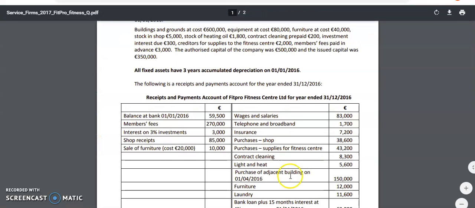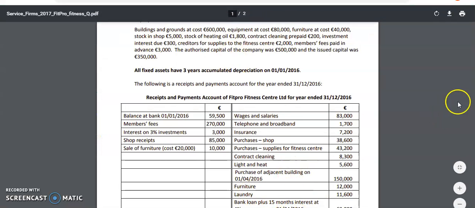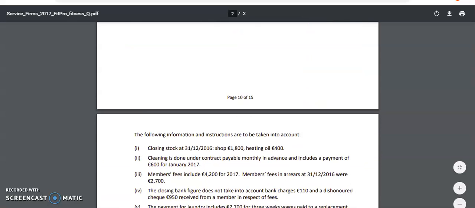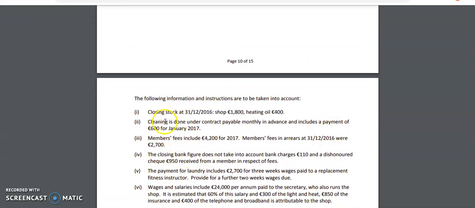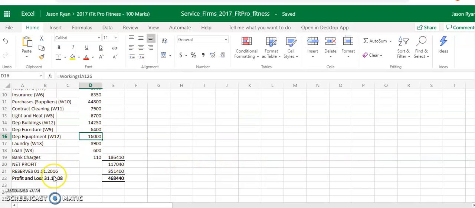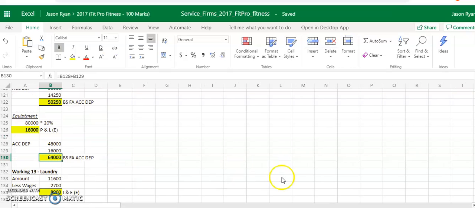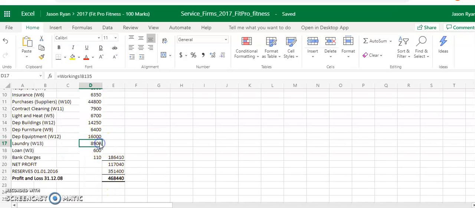So laundry, this one here, laundry. So remember that we would have included this person's wages as part of the laundry. So just the payment for laundry includes 2,700. So that's going to be another working that we would have done earlier on. So it's 8,900. Then your loan that we have as part of working 3.